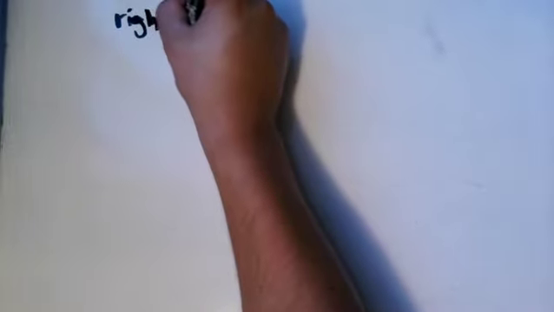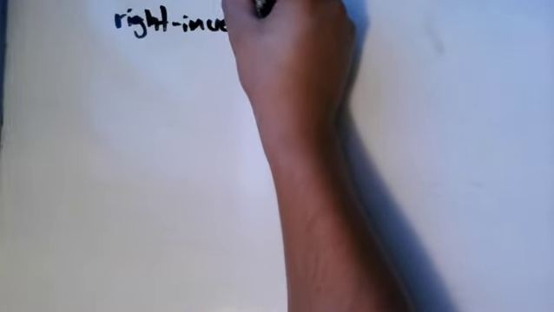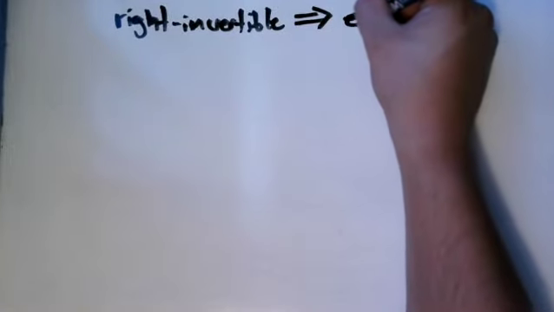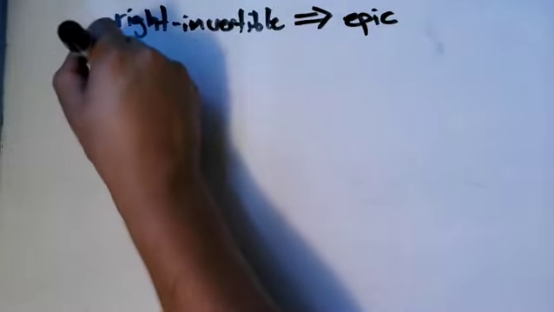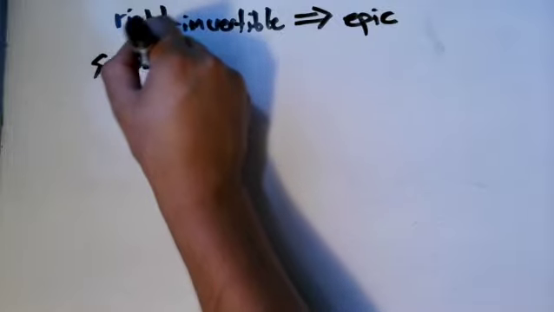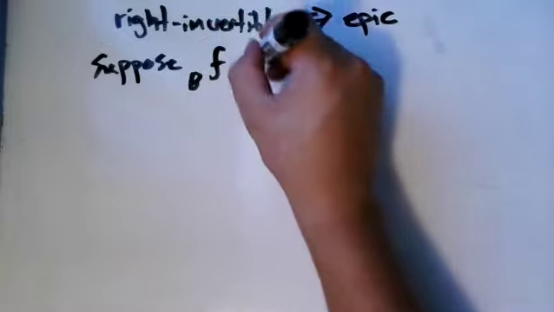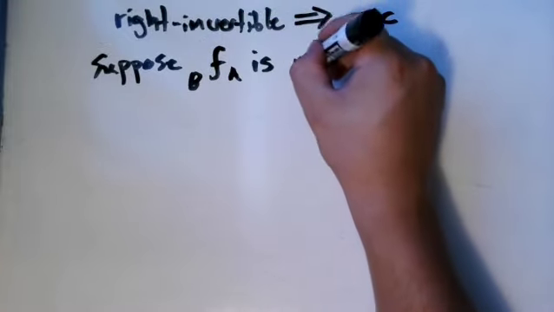Based on these definitions, there are a couple of results that we can show right away. The first is that right-invertible implies epic. So suppose F from A to B is right-invertible.